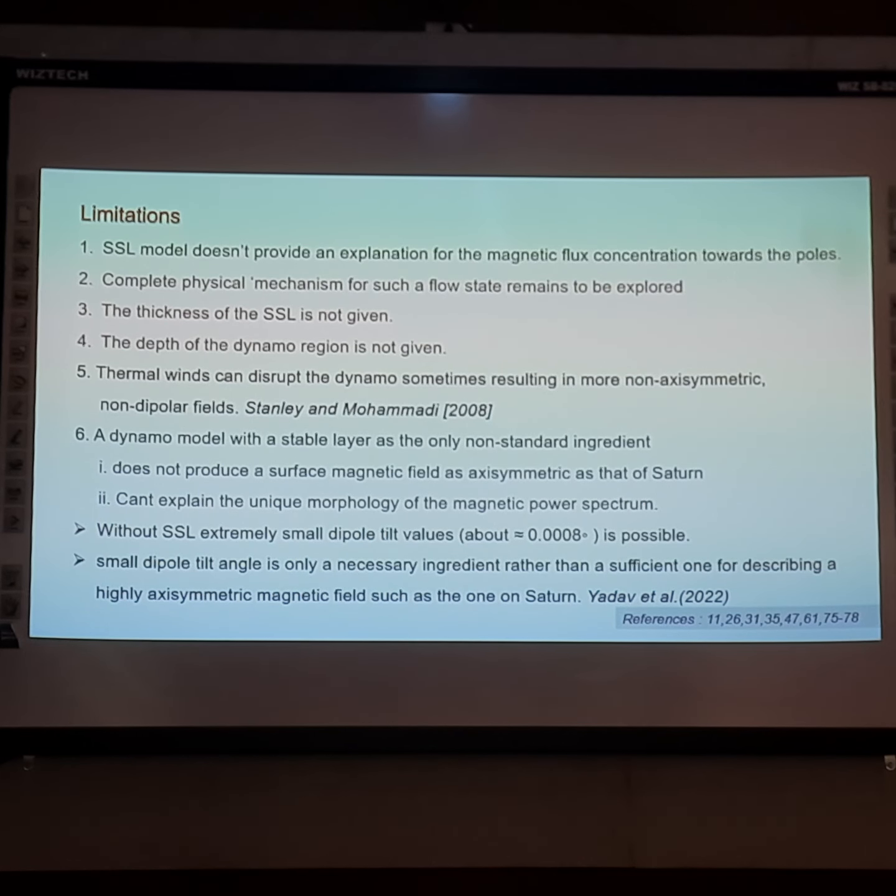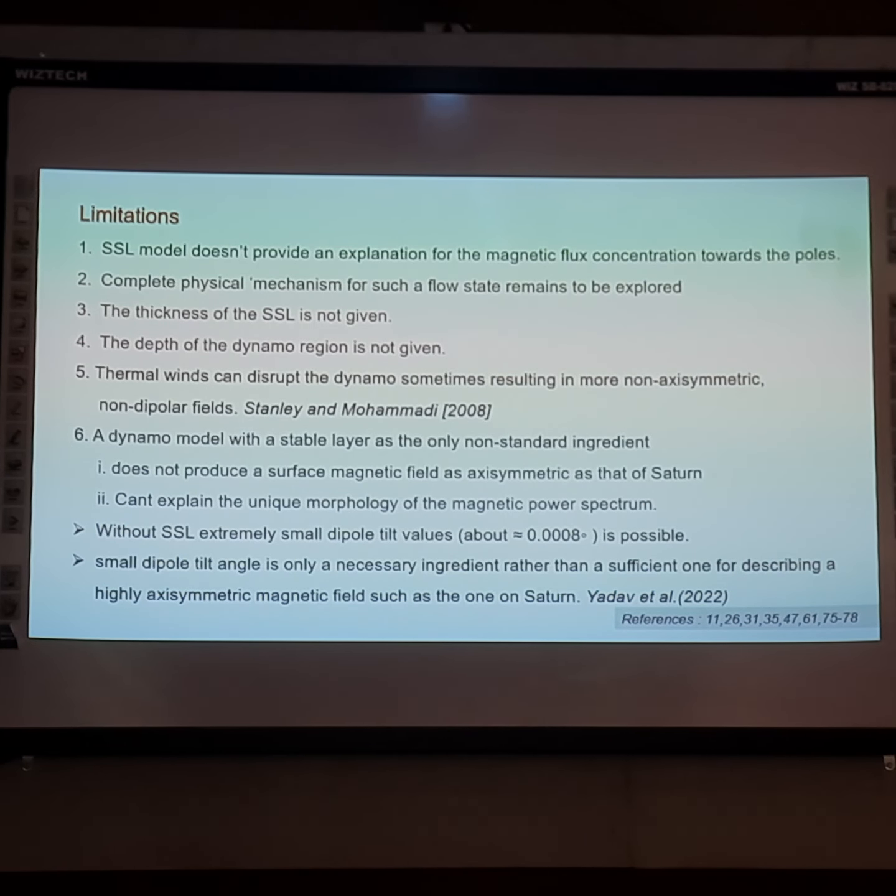One of them is that it does not tell us exactly where and how much the differentiation is, that means the division of the layers. Then, where exactly is the dynamo region? As per the calculation, it should be at about 0.05 of the equatorial radius of the planet, but it does not tell exactly. All those are still unknown.